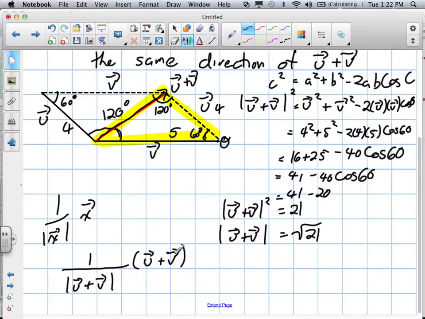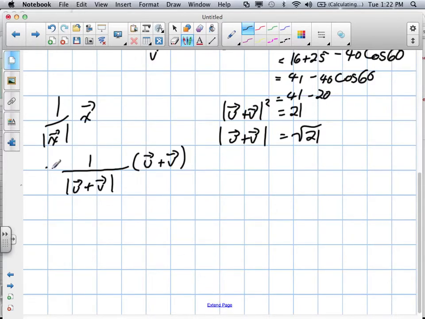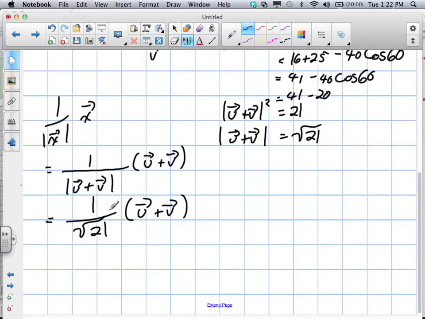Those are our unit vectors, u and v, those are of magnitude 1. Our u plus v absolute value is root 21. So we get 1 over root 21 times u plus v in this instance. And because it's a scalar, we're going to use the distributive property. We multiply. Okay, and we'll try to make sense of what this is. This is 1 over root 21 u plus 1 over root 21 v.